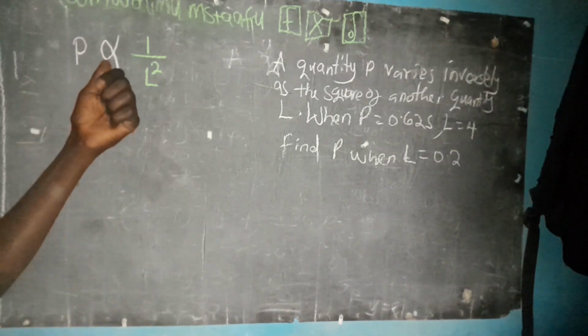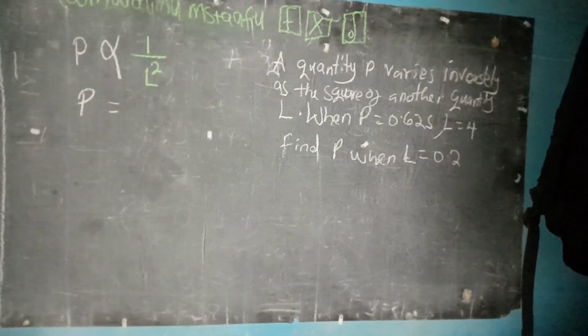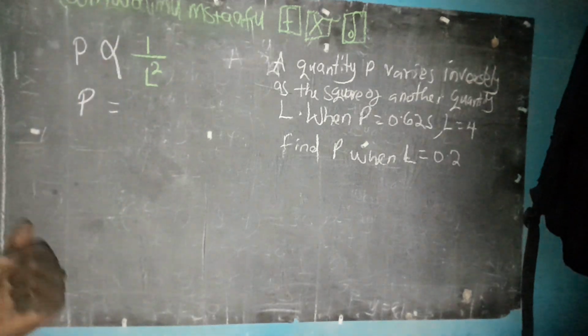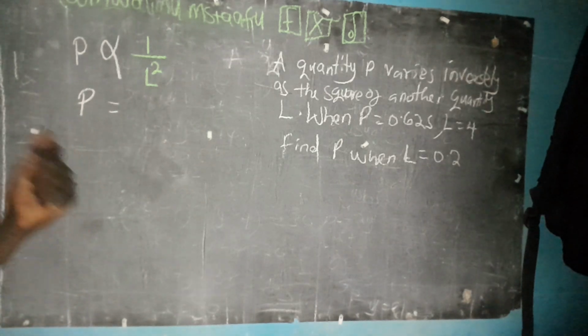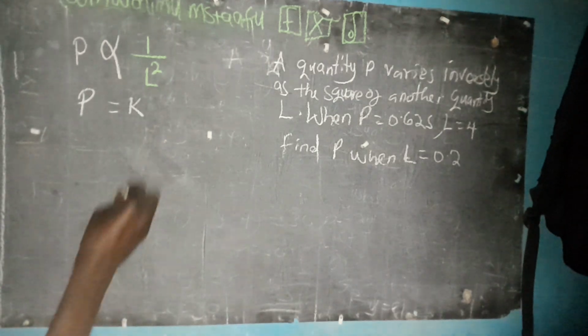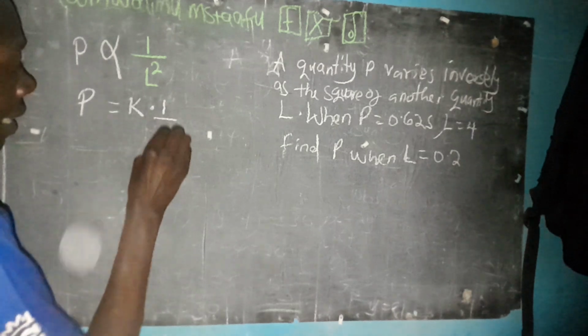The relationship between P and L we only get by introducing a constant. So for us to remove this one, we can say P is equivalent to any constant. A constant can be any letter of your choice, but it can't be the same letter as these, to avoid confusion. You can use capital P or capital L, or small l or small p as a constant, but it brings a lot of confusion. So let's say my constant is k, times 1 over L squared.